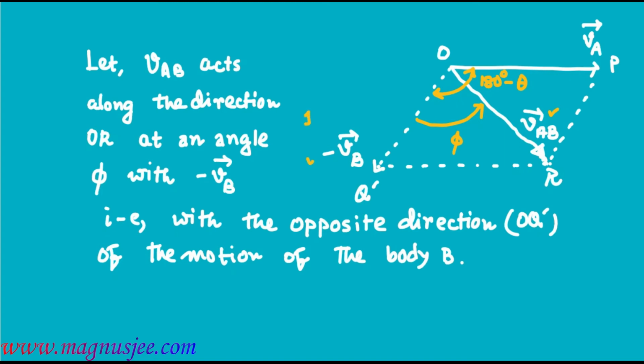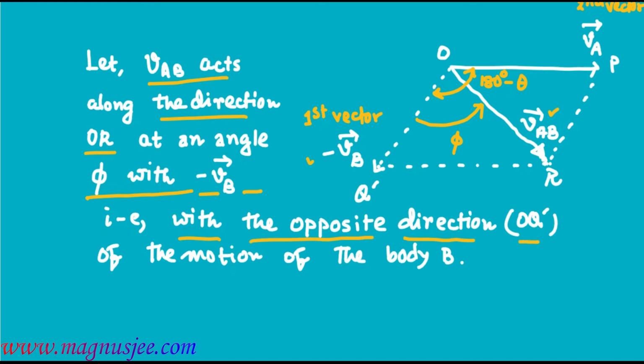Here phi is measured with respect to minus VB. Hence we can say that vector VAB acts along the direction OR at an angle phi with minus VB, that is with the opposite direction OQ prime of the motion of the body B.